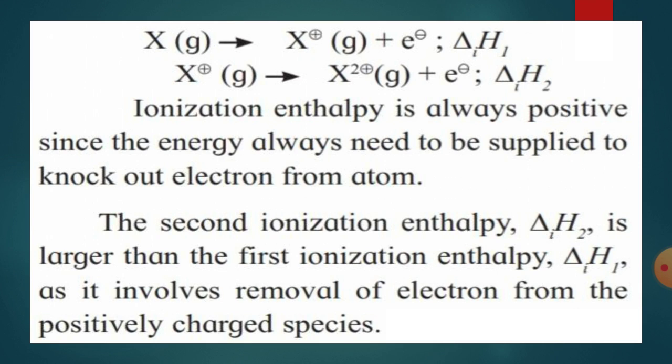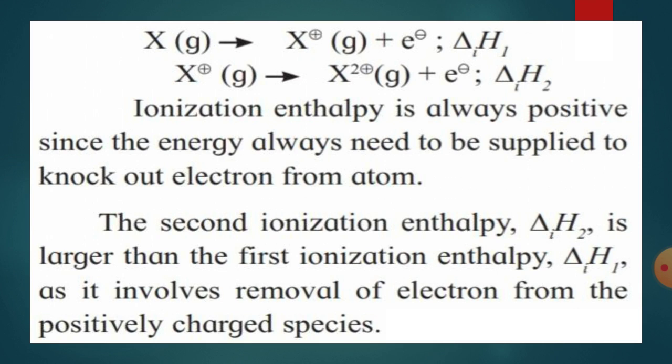In the first step, the neutral gaseous atom liberated one electron and got converted into a plus cation, while in the second step, the plus species liberated its second electron, and the charge has been converted into 2 plus. This is the second step for ionization enthalpy, represented by delta I H2.